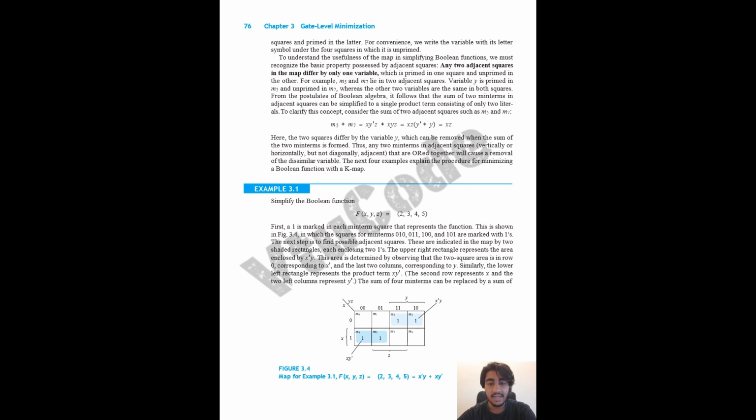So here at m0 we have x, y, z. That should be denoted as x bar, y bar and z bar. Wherever we have 0, that simply signifies a bar notation, and wherever we have just 1, it is x or y or z based on the variables we have in the K-map.